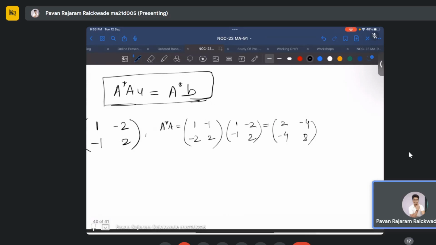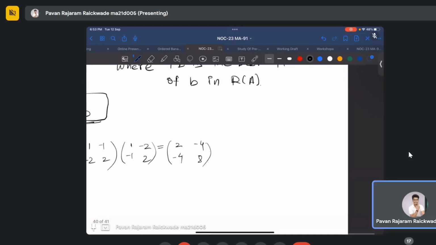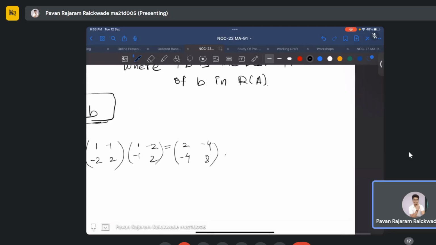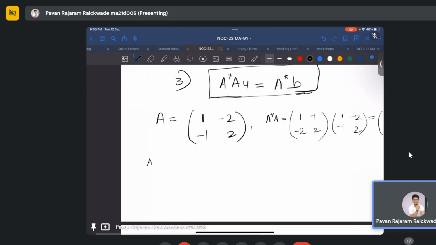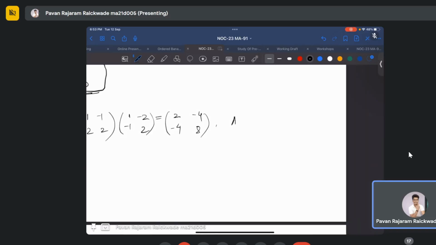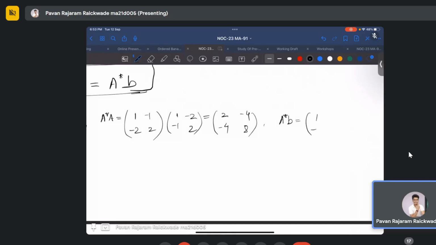So what I want to solve is A star AU equals to A star B. What is A star B? A star is 1 minus 2 minus 1 2, and B is 1 0.